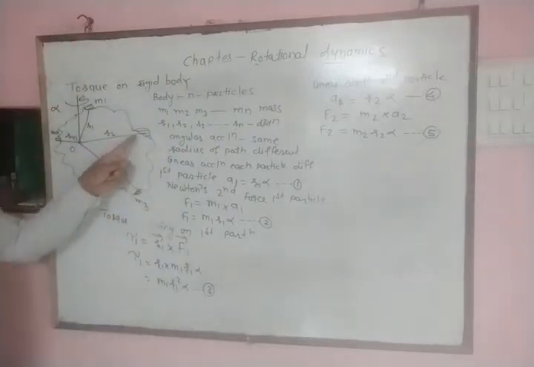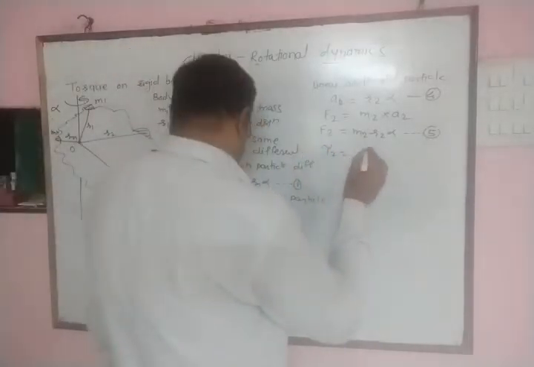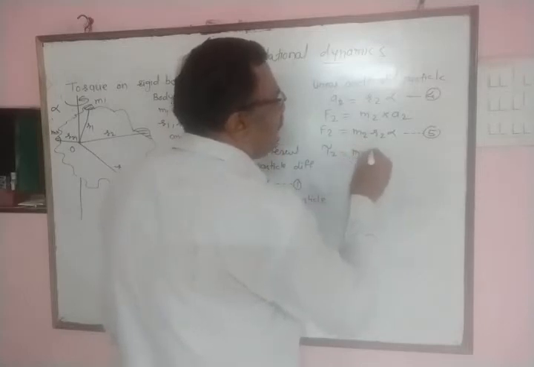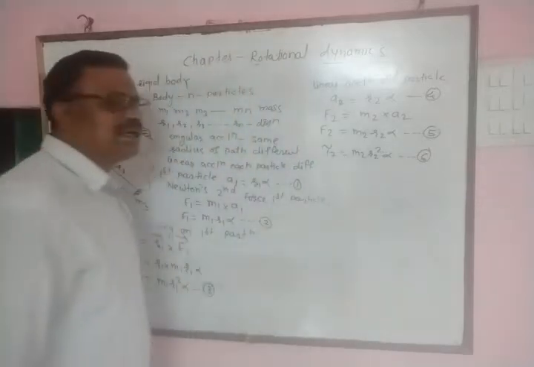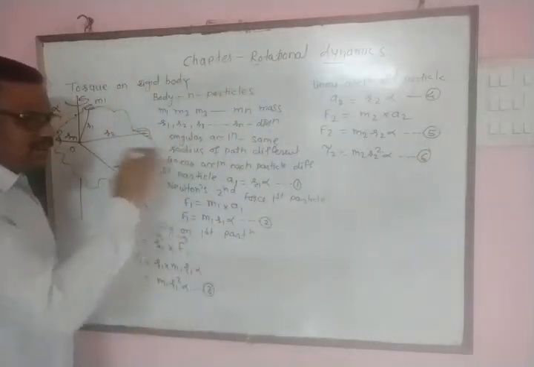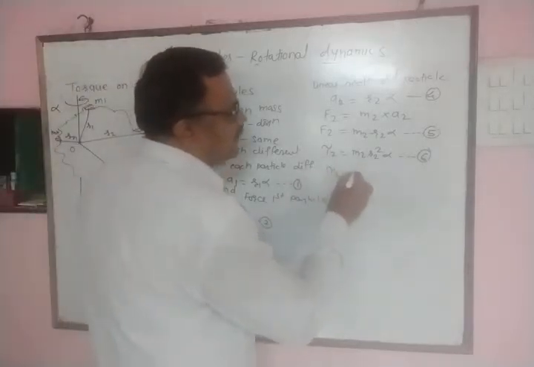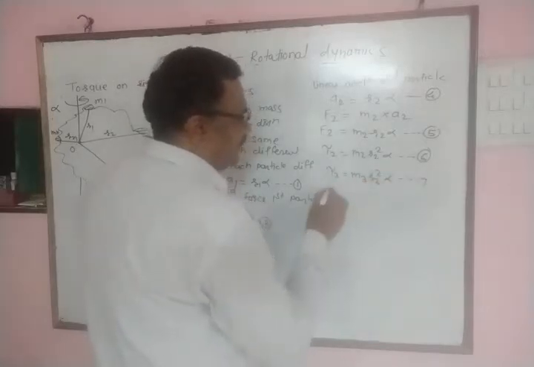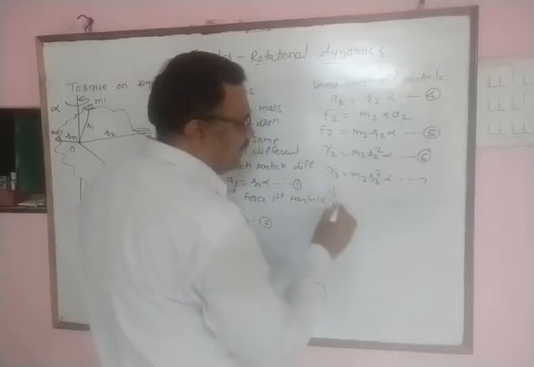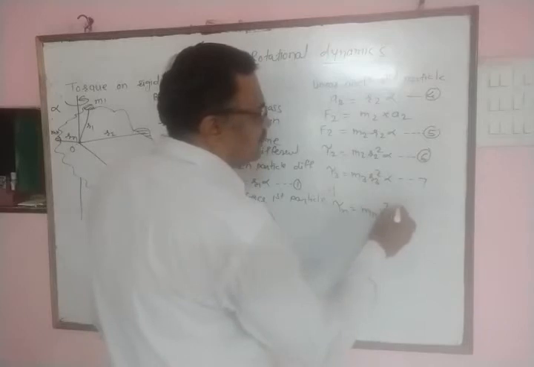Therefore, torque acting on the second particle about axis of rotation is equal to m2 r2 square into alpha. By using the same method, we can calculate torque acting on third particle. Torque acting on nth particle is equal to mn rn square alpha.